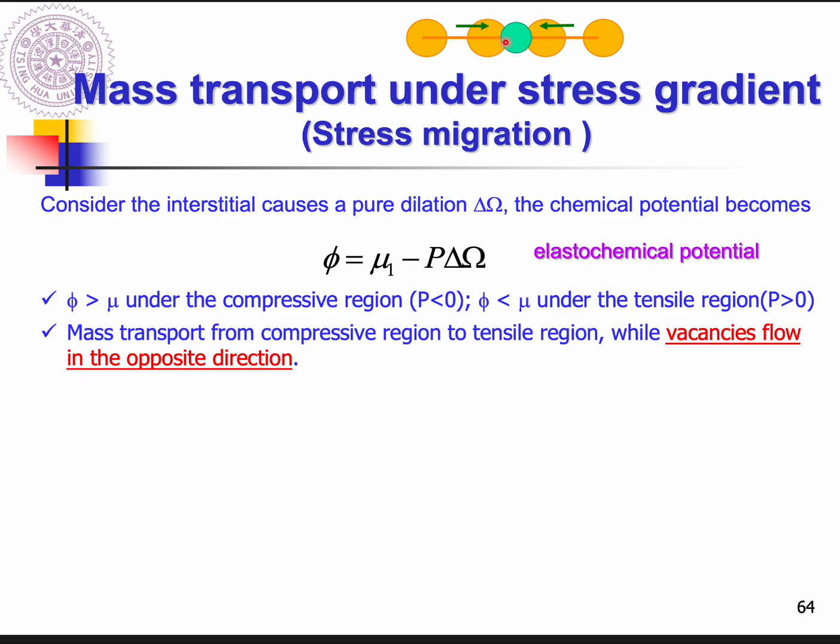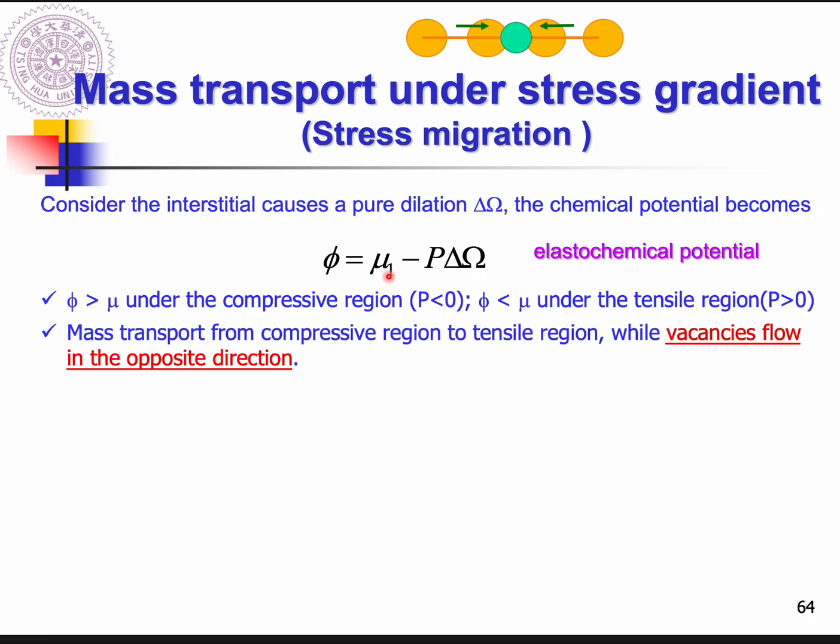Don't forget, this is a compressive region. So how about the chemical potential of the atoms located in this compressive region? Do you expect it to be larger than mu1 or smaller than mu1?